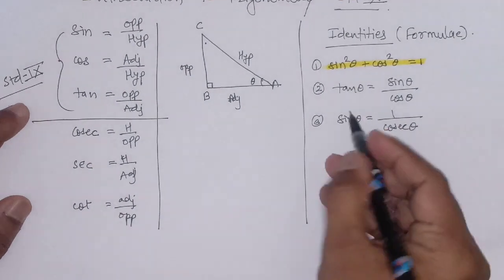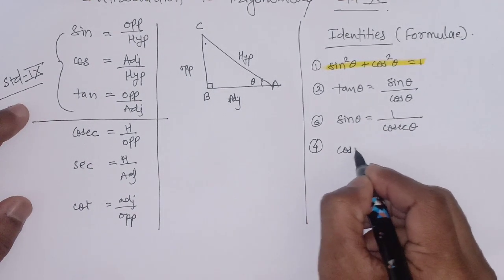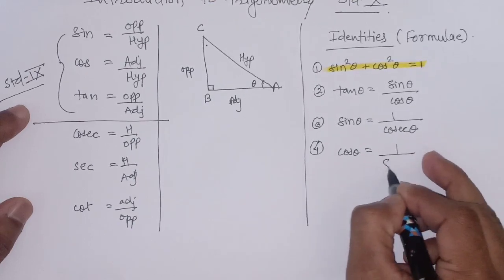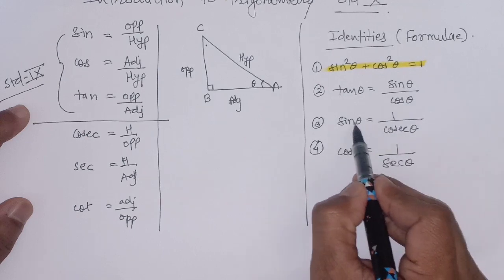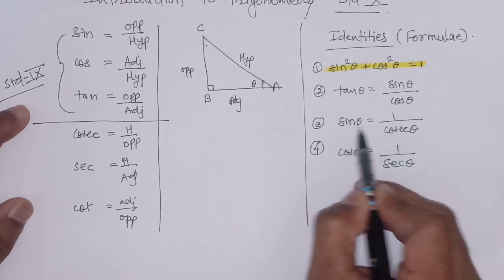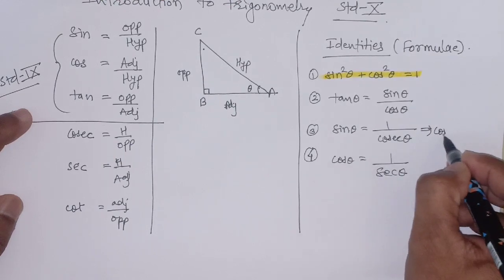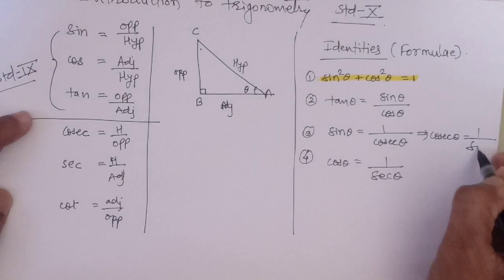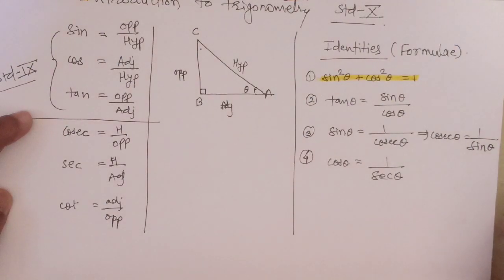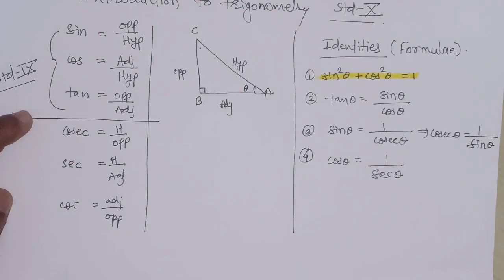Then the fourth formula is cos theta is 1 by sec theta. If you interchange sine and cosec, then the formula becomes cosec theta is equal to 1 by sine theta. In this way.